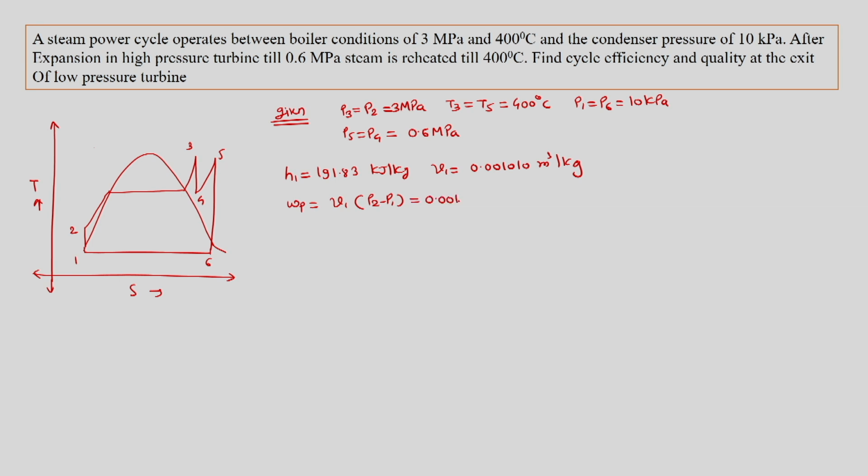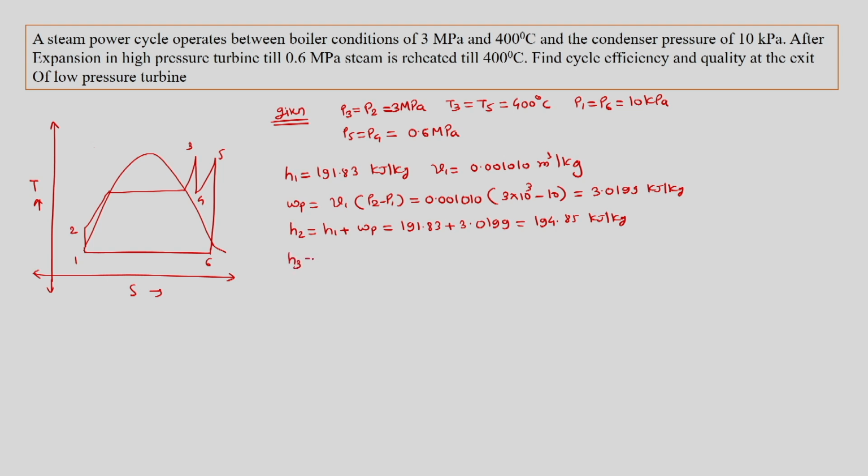That is 0.001010 into 3000 kilopascal minus 10 kilopascal, and the unit will be kilojoule per kg, which is 3.0199 kilojoule per kg. So we know H2 is equal to H1 plus WP, 191.83 plus 3.0199, and then we get H2 as 194.85 kilojoule per kg.